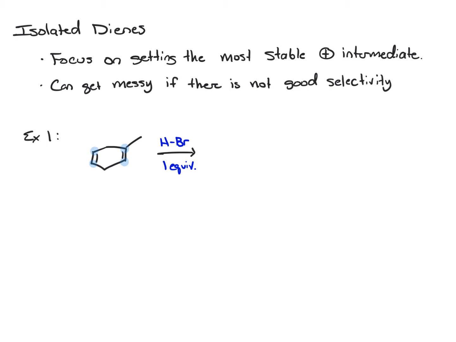So if we were to draw this out for each of these, we could get a tertiary carbocation here, secondary here, secondary here, and secondary here. So in this case, we're going to have good selectivity. And that's because getting this tertiary carbocation is going to make it selective to brominate at that position.